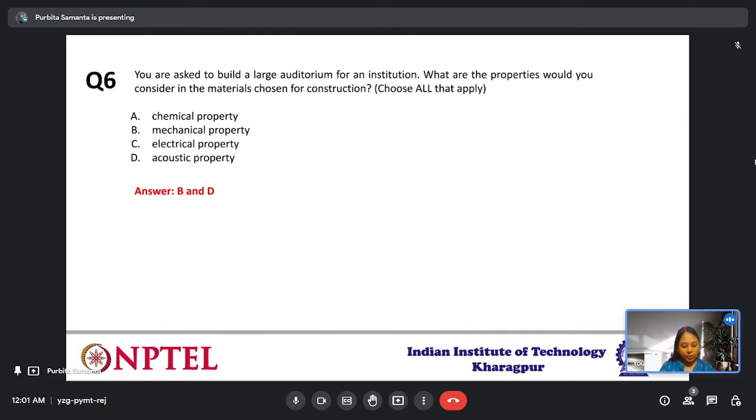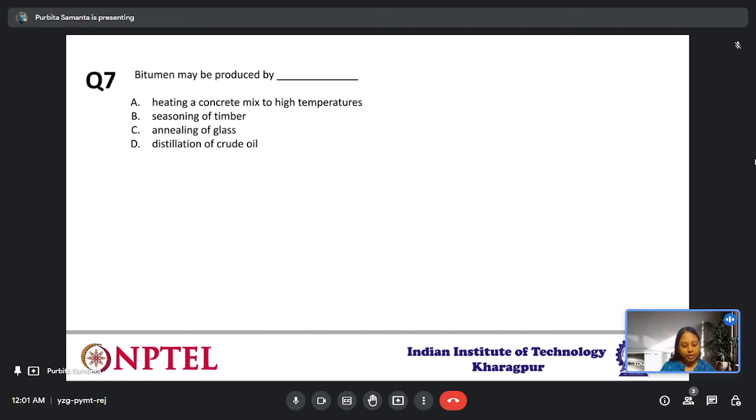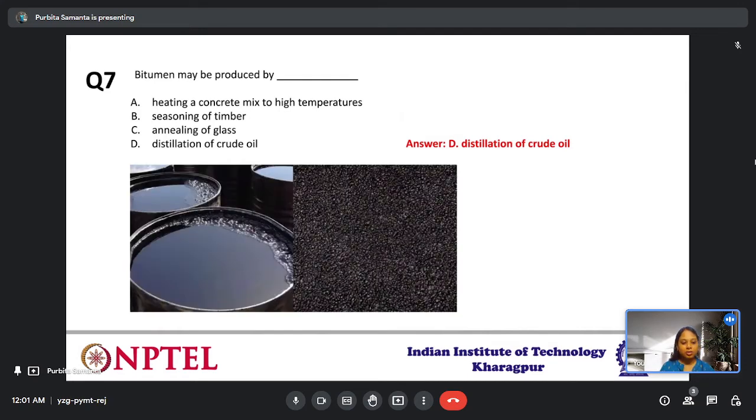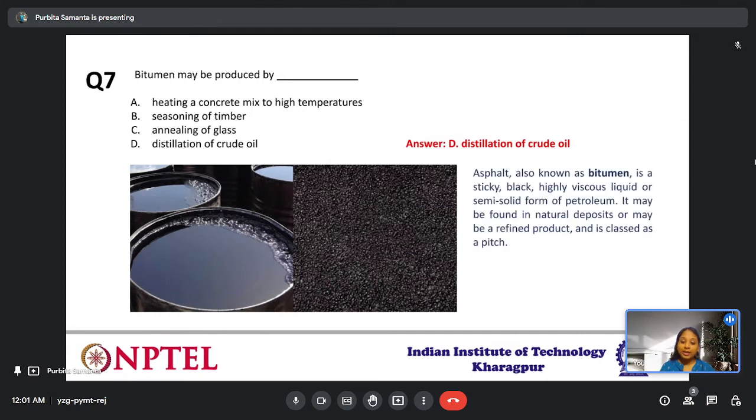Moving to our next question, bitumen may be produced by. So the answer is distillation of crude oil. So let us see what this bitumen actually is. This bitumen basically looks something like this, and it's also known as asphalt.